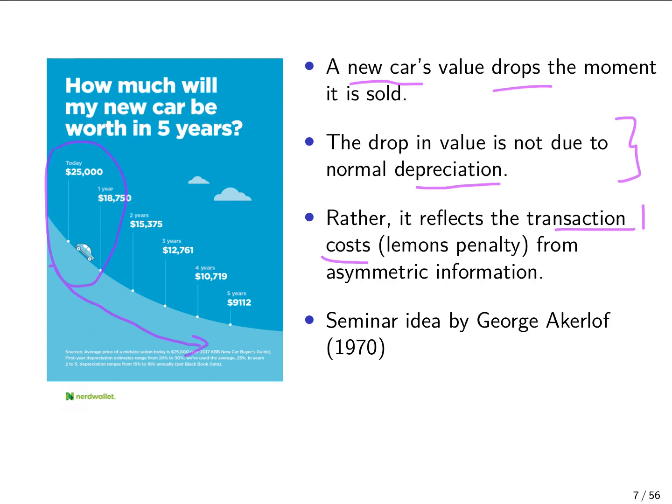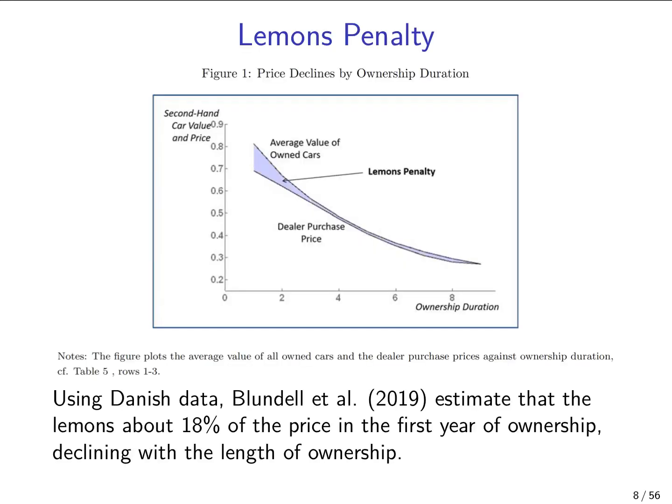Right? And to test this seminal idea by George Akerlof, recently there's a number of researchers, Richard Bundell along with other people, who got some really good data from Denmark, and they estimate the lemons effect, the lemon penalty.